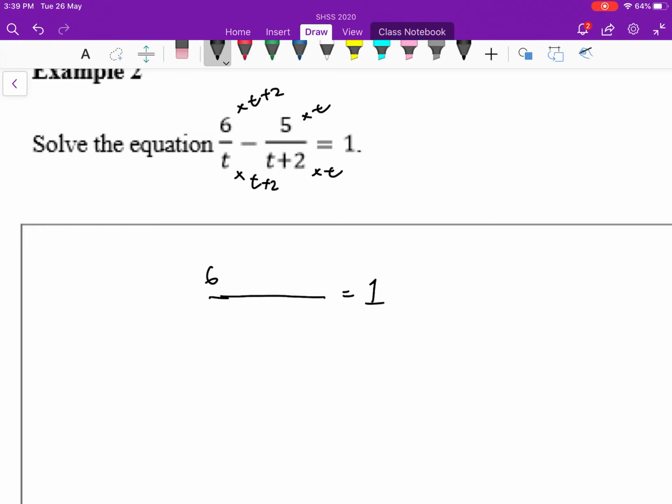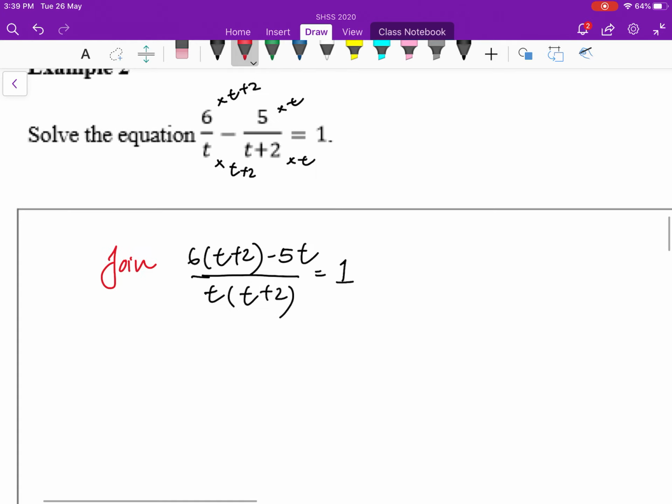Okay, so join 6t over t plus 2 minus 5t. Join them together, t plus 2. Remember our join, expand, simplify. We join the two fractions together with the same denominator first. Now we expand.